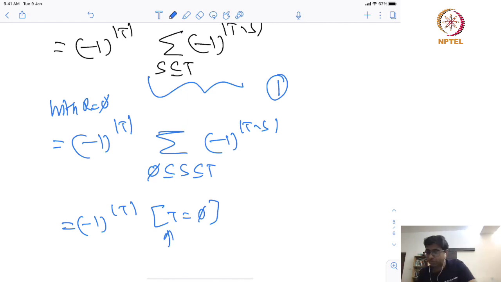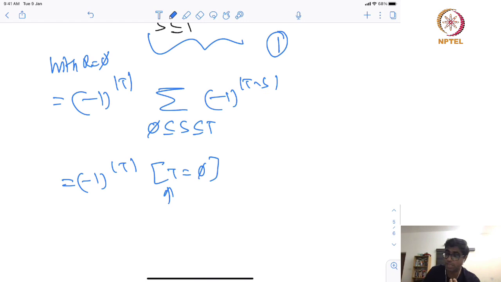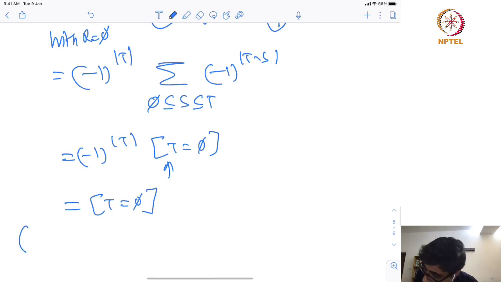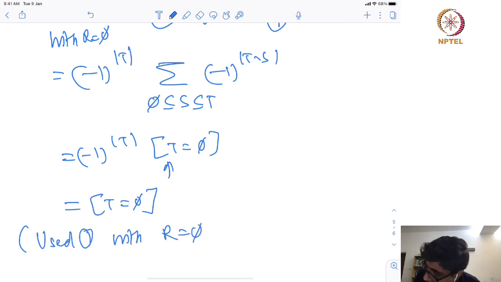This is that notation. So if T equal to phi, this is going to contribute 1. T equal to 0, the cardinality of T is 0, so minus 1 to the power 0 is 1. And if T is not equal to phi, this is going to contribute 0.